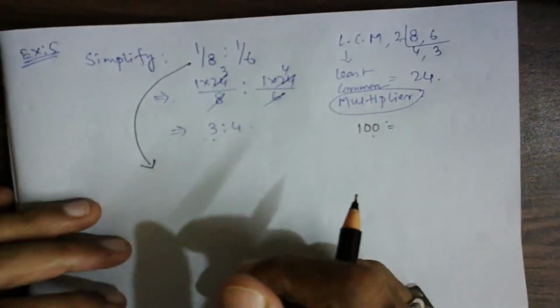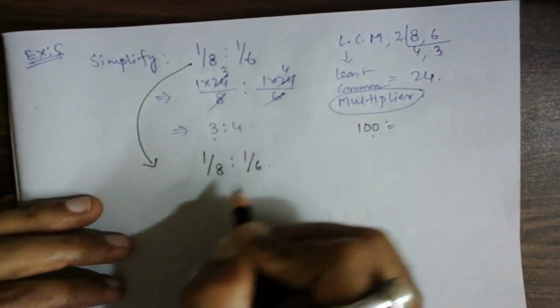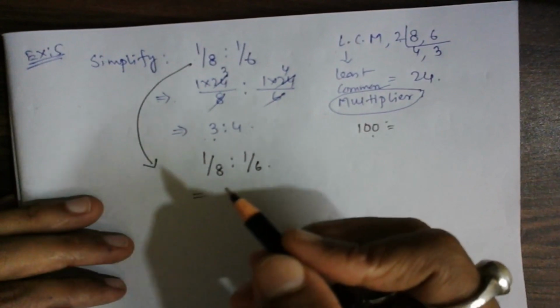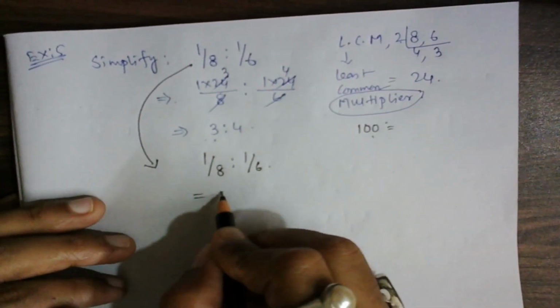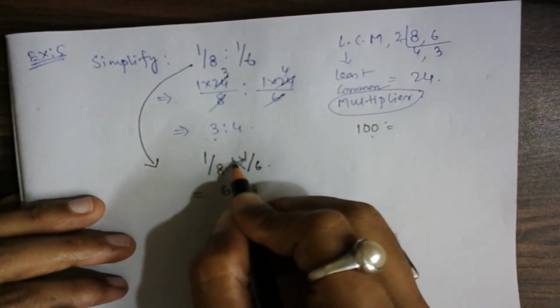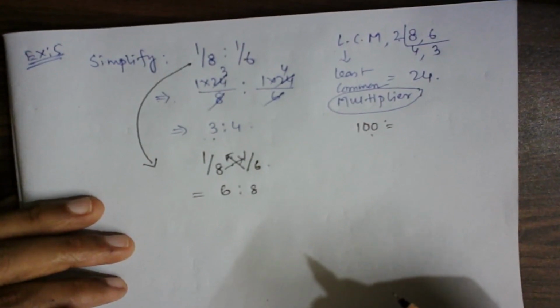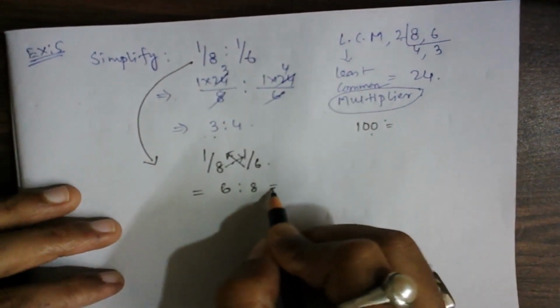Sir, reverse it out. If 1 by 8 is to 1 by 6, if I reverse it, it will give a cross multiplication. So it becomes 6 is to 8. As per the mathematical terms, cross multiplication will happen with respect to the ratios. It will get reversed. So 6 is to 8 is 3 is to 4.